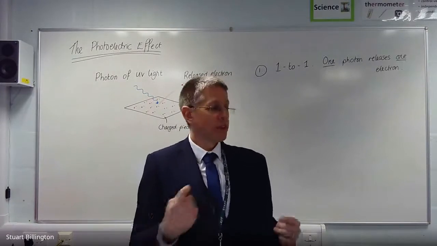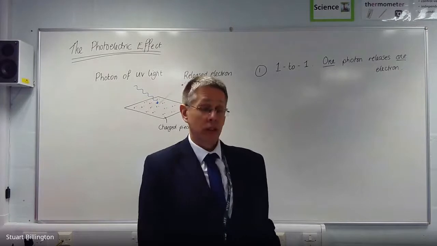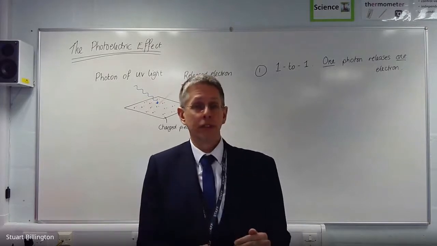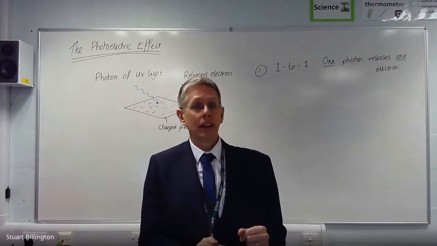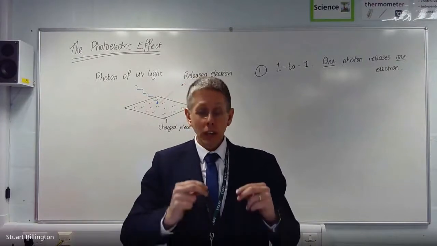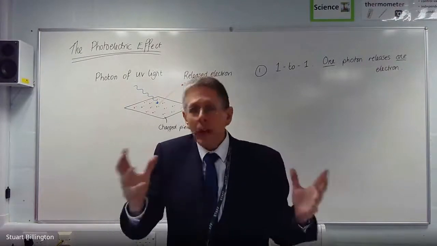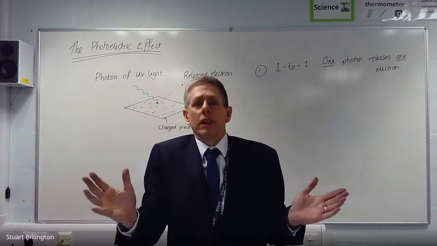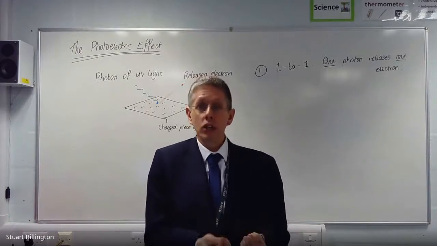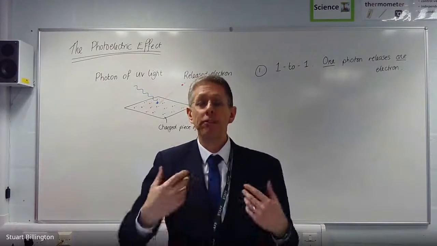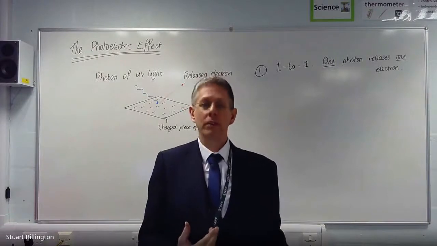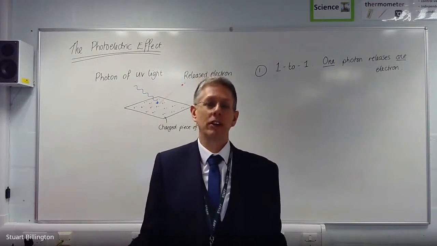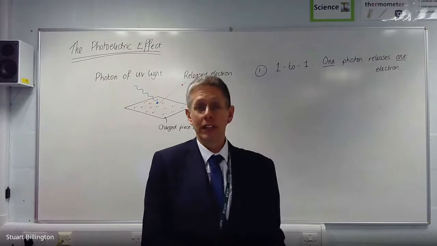So the visible light photons don't contain enough energy to liberate the electron. You could argue that if we just wait long enough, surely one day an electron will get hit by two photons before it loses the energy from the first photon. It'll get a second lump of energy from a second photon, and it will release the electron.